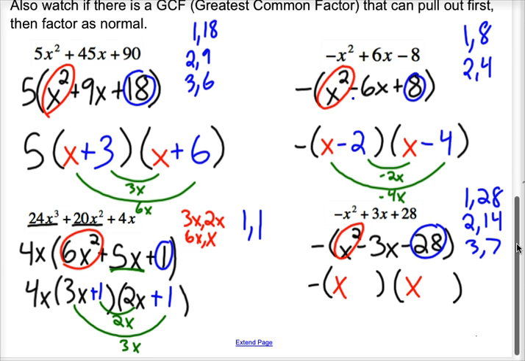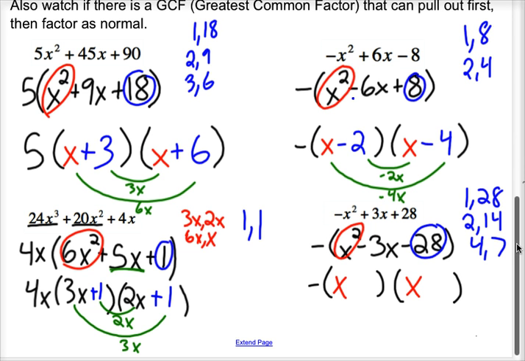So again, when we recognize we're multiplying to a negative number, what that means, one number in the pair is going to end up being negative. And I'm sorry, that's not 3 and 7. That should be 4 and 7. So one number in those pairs is going to have to be negative.